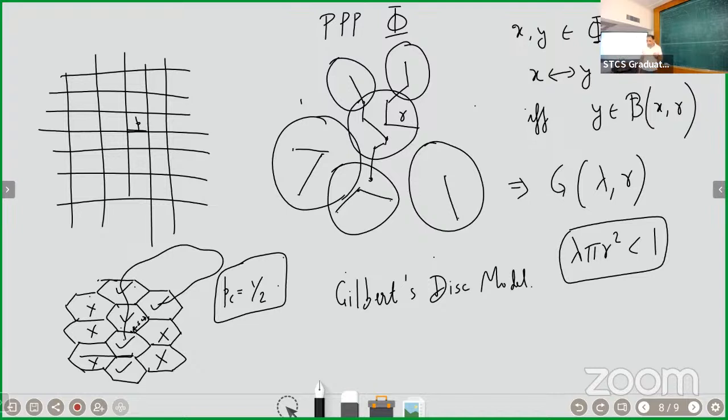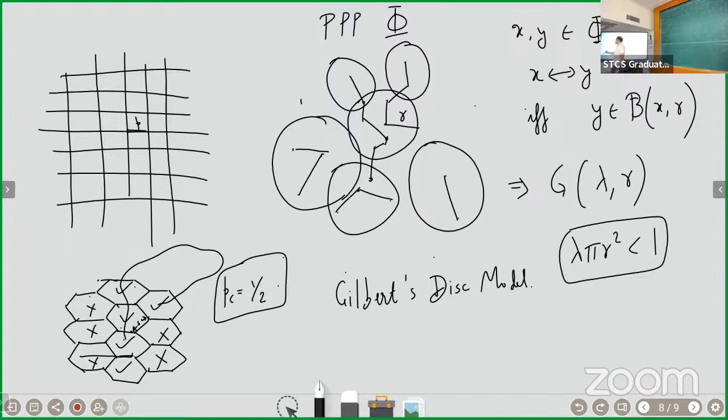Want to study percolation in the Gilbert's disk model? I don't know anything, so I go to a hexagon grid model for which I know exactly what the critical property is. I'm going to map a point lying here to this space being open or closed.